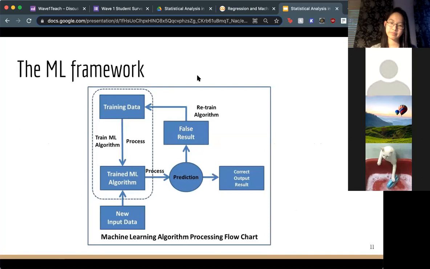If you remember, machine learning really is about giving your algorithm, giving your model, whatever, data to process and understand. So that is the training data in this specific flowchart. You put in some training data, train it within the algorithm. Usually there's a piece of code for that, or there's some kind of thing that you're working with.